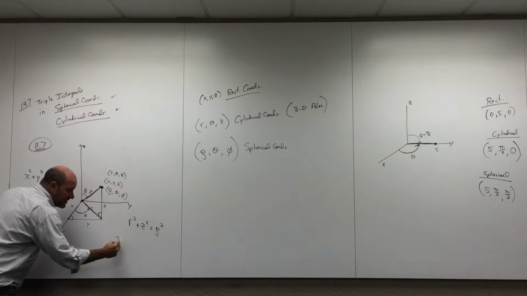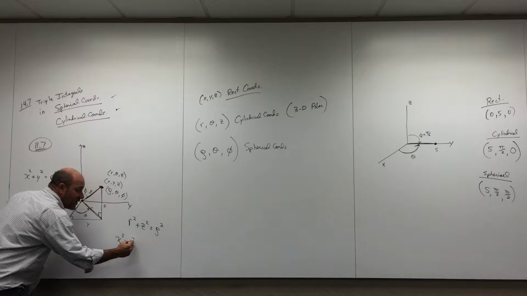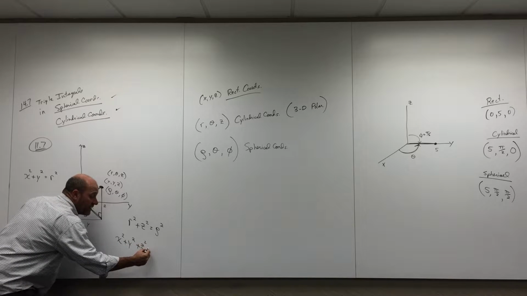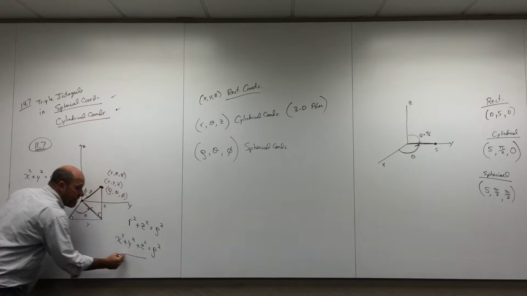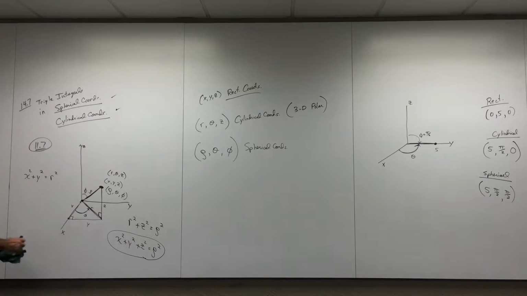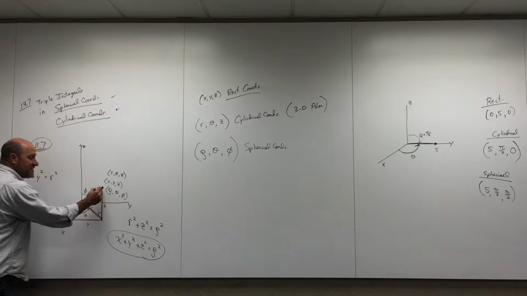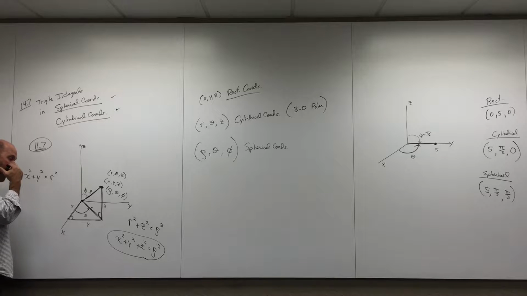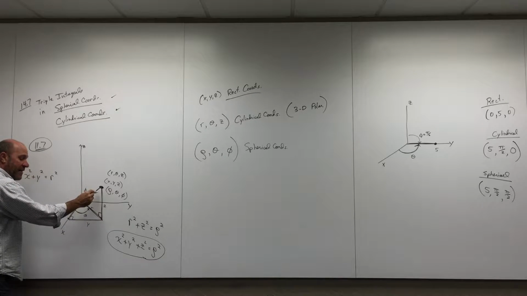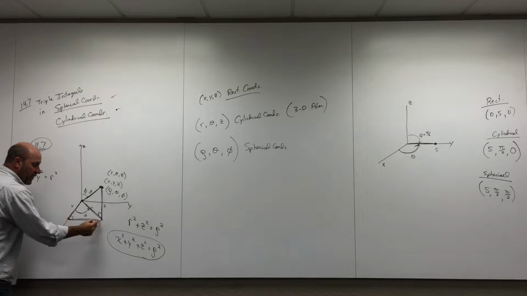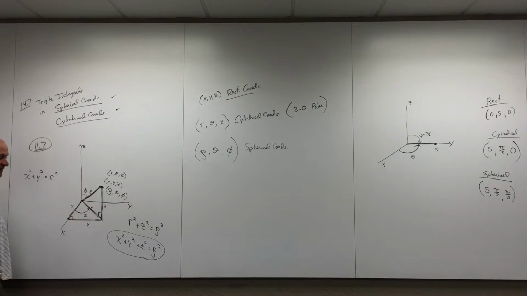So here's another way to say this: x squared plus y squared plus z squared is rho squared. It's sort of a 3D Pythagorean theorem, rho being this 3D hypotenuse.